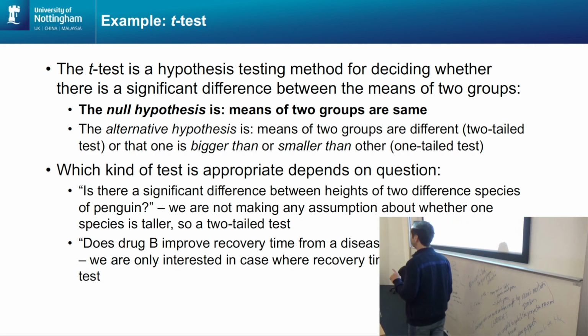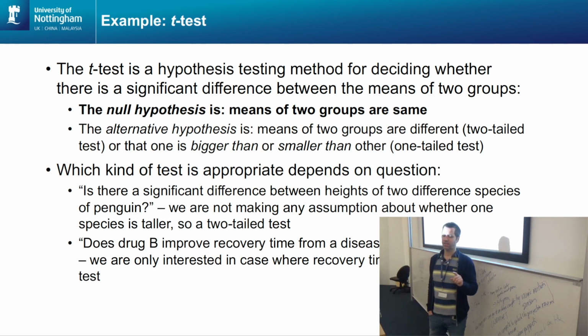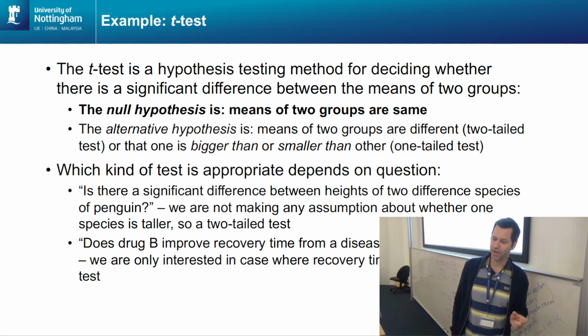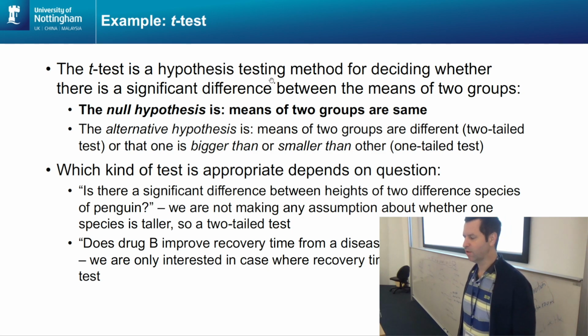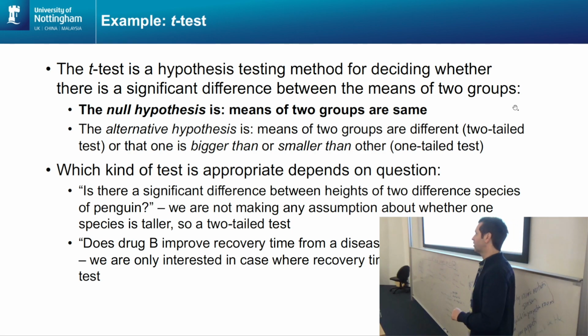This is testing to see if there's a statistically significant difference between two groups or two data sets. The T-test is a hypothesis testing method for deciding whether there is a significant difference between the means, the averages, of two groups.